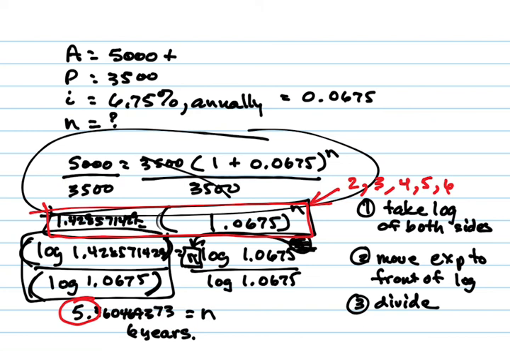Now, some of you, the trial and error is just going to make more sense. You're going to just stick numbers in place of n and just give it a shot. But remember to simplify it first, and then do that. Don't try it up here and plug it in and do the math every time. That's going to take you forever.